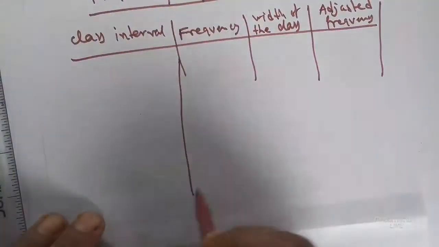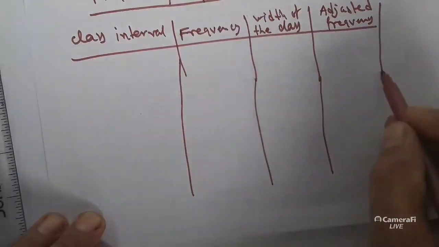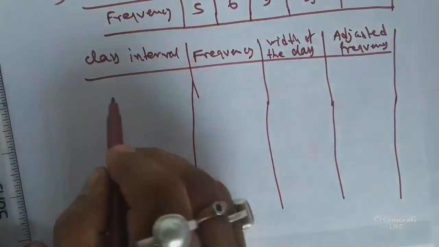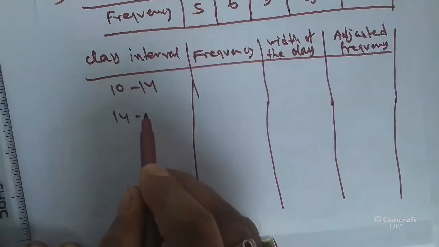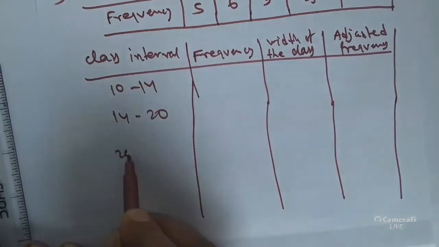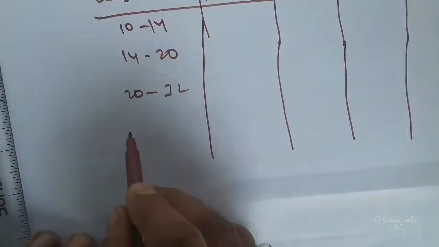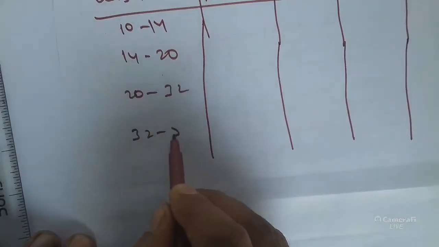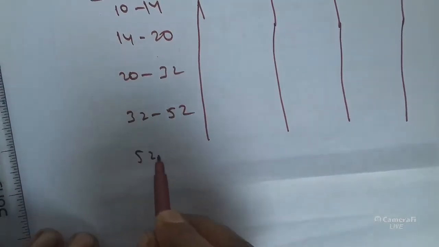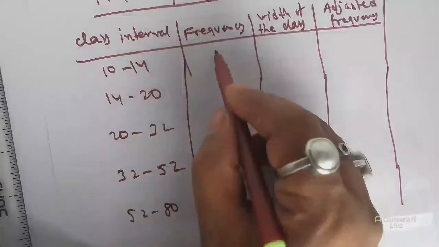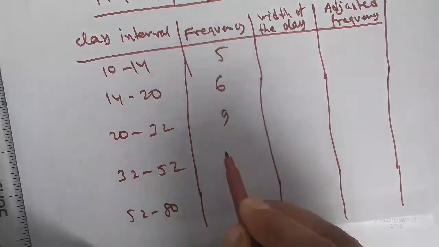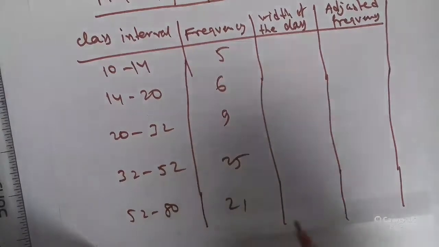So first of all, the class intervals are 10 to 14, 14 to 20, 20 to 32, 32 to 52, and 52 to 80. Now the frequencies are given: 5, 6, 9, 25 and 21.